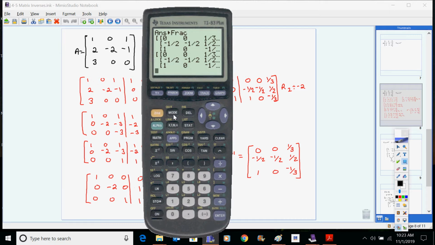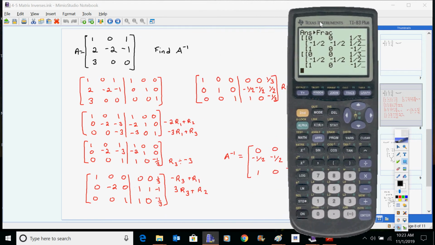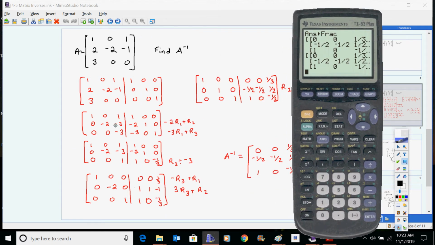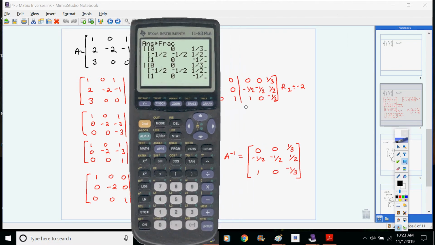But since we had the discussion about row operations, you know that they exist. I went through it very quickly in yesterday's lesson. But if you can just do this and find an inverse, then we know that A inverse is this right here from our matrix we got, 0, 0, 1/3.